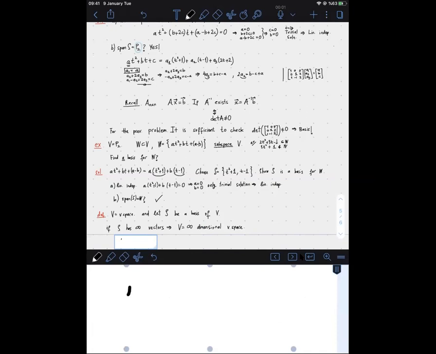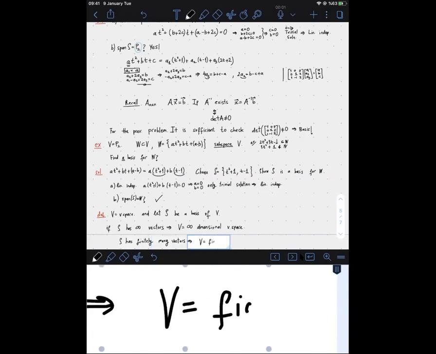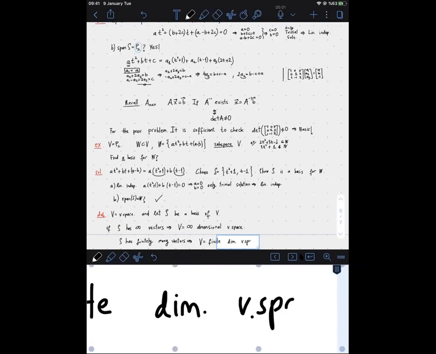So if S has finitely many vectors, then V is called a finite dimensional space. In this class, we will always be talking about finite dimensional vector spaces. Yes, and the final thing.